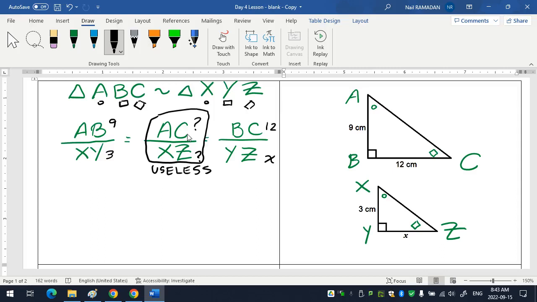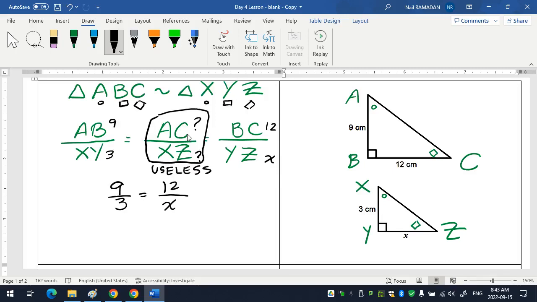Okay, so we have what? 9 over 3 equals 12 over x. From today until the last day you do any math course in your life, whenever you see something like this, what is always going to be your next step? There's one step that always falls after this.